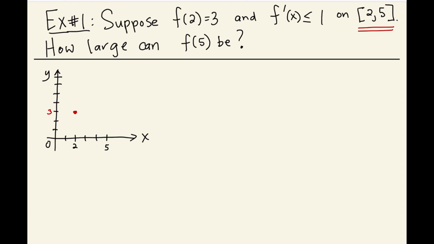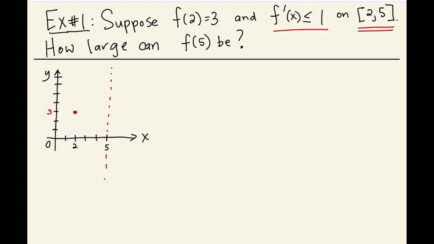And then the question is, if we know that the growth is bounded by 1, or the derivative is less than or equal to 1, how large can this function be? So for instance, let me just draw a line: could my function go all the way up here? Is that possible? Or is the function bounded by some value because of this condition?